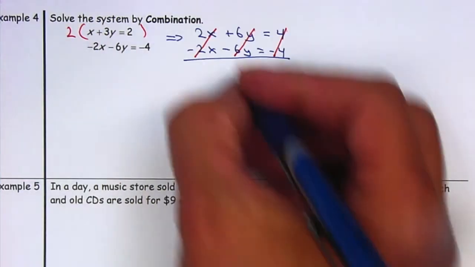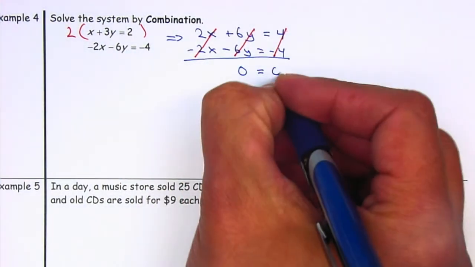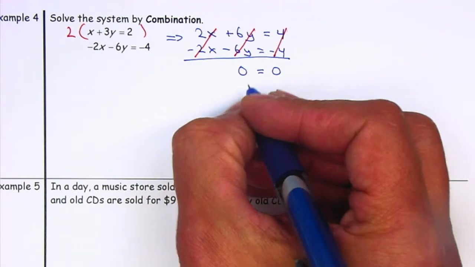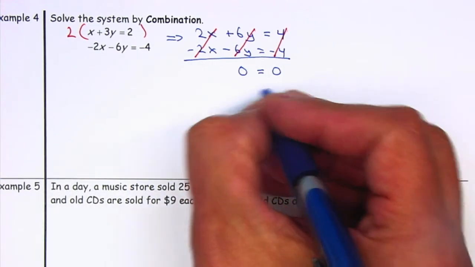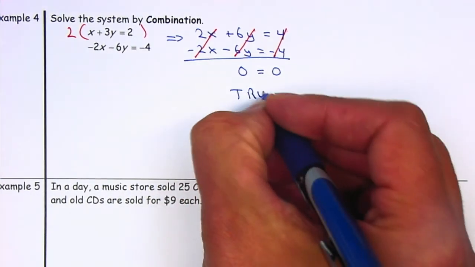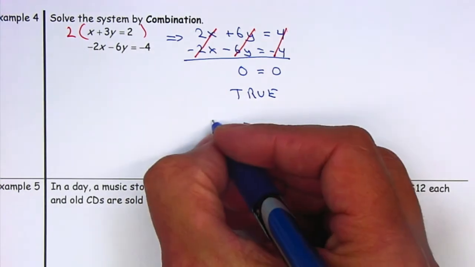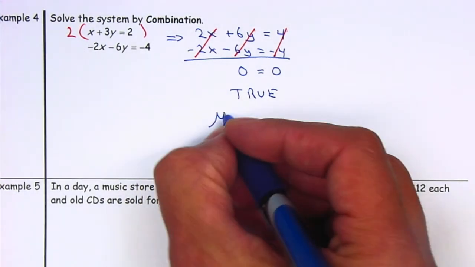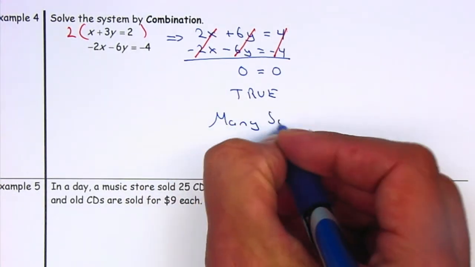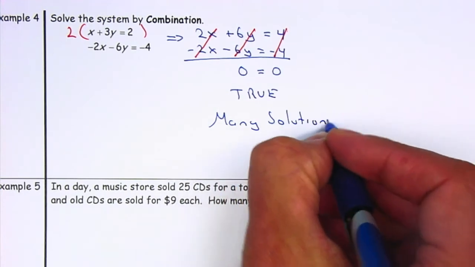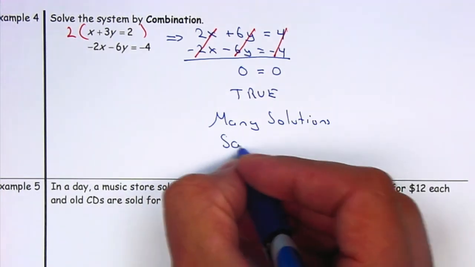So on the left hand side we have 0, on the right hand side we have 0. Same as the last lesson that we covered. Is this true or false? This is true. So that means that we have infinitely many solutions, or they're the same line.